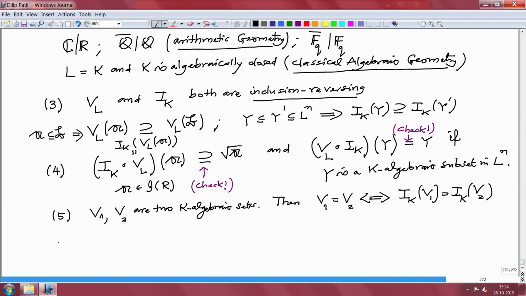Okay, so the next one, 6: if I take I_K of the union of V_i, arbitrary union, i in I, and V_i, i in I, is a family of K algebraic sets, then this union becomes intersection.